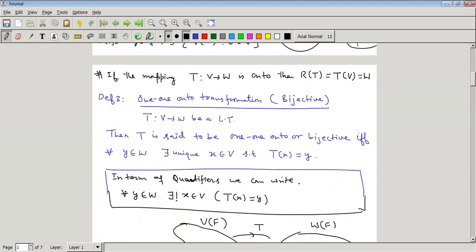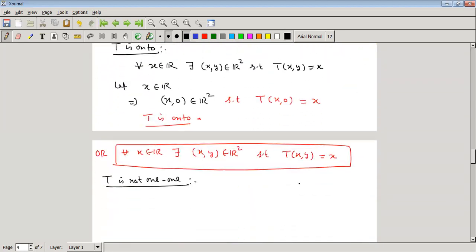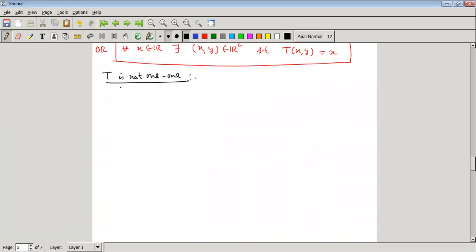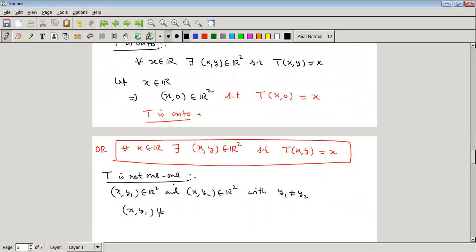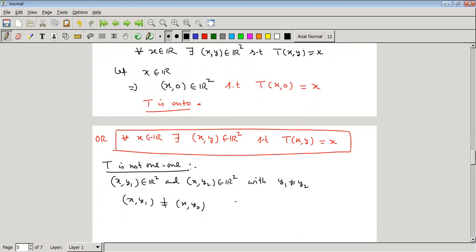So if we have (x, y1) belonging to R2 and (x, y2) belonging to R2, with y1 not equal to y2, so the points are different. (x, y1) is not equal to (x, y2). So we have distinct points.